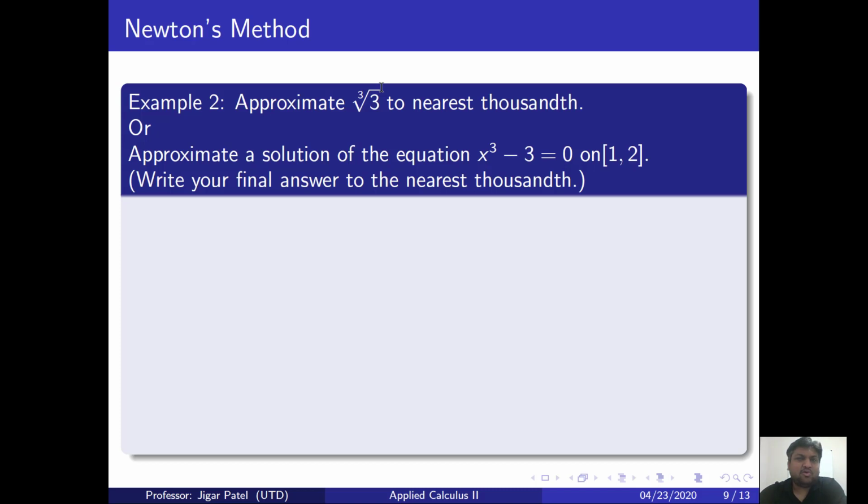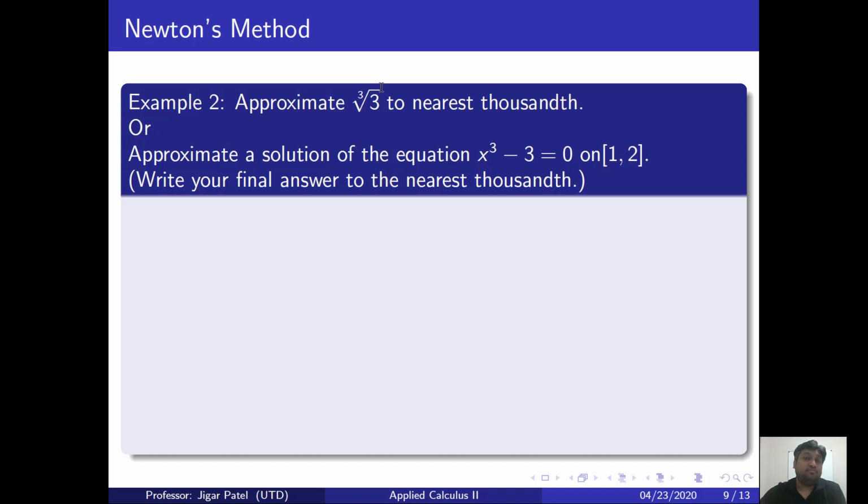I know that cube root of 1 is 1, and because 3 is bigger than 1, cube root of 3 needs to be more than 1. Another thing I know is that cube root of 8 is 2, and 3 is smaller than 8, so cube root of 3 needs to be smaller than cube root of 8. This is a very obvious and trivial observation.